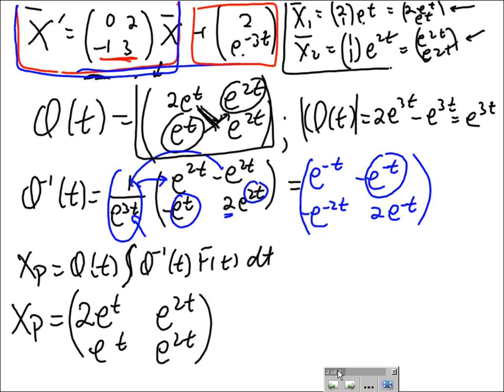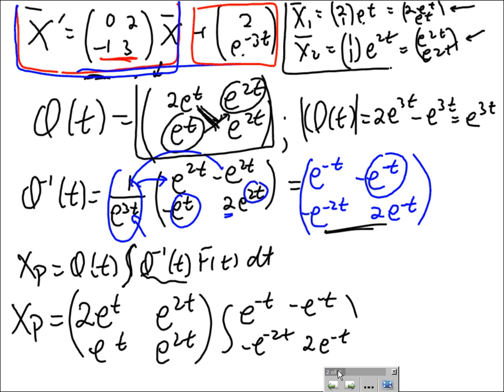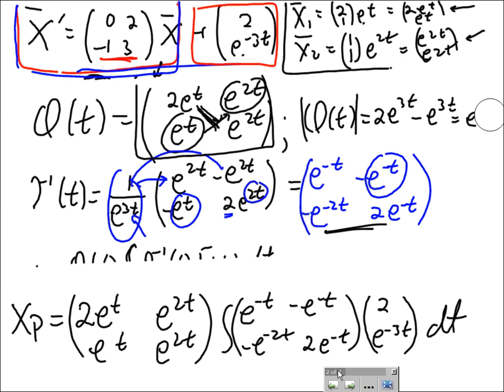And then an integral sign, and then phi inverse of t, which is right here, times f of t, which is that, times dt. Okay, let me erase this so I could continue.